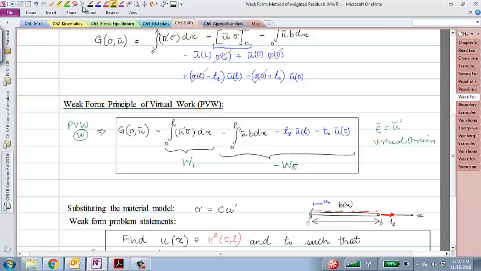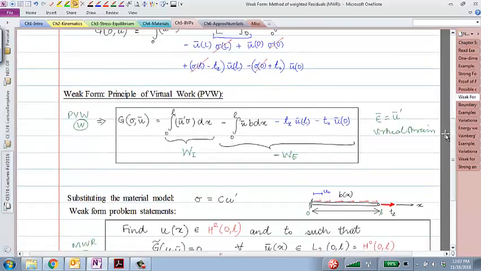And as we know, when we apply a virtual force, we measure all the internal forces and we say that external virtual work done has to be equal to internal virtual work done. That's the exact same statement that this is saying. This is saying that Wi minus We has to be equal to 0 for all possible u bar. So, question?